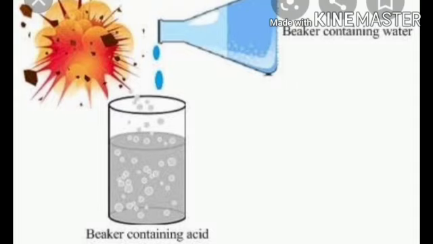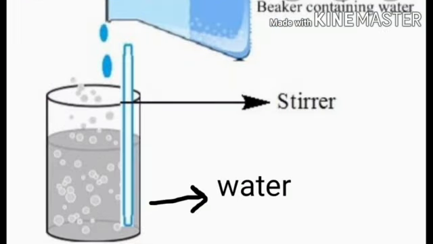So, what can be done? The acid must be added to the water with constant stirring. This will help in the distribution of the heat energy which is formed in the process of dissolving an acid or a base in water.